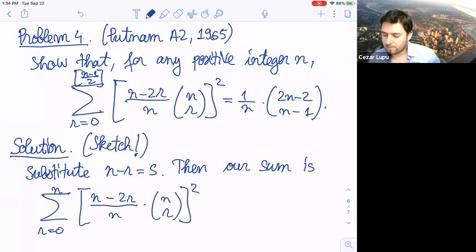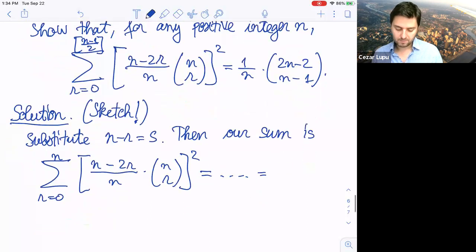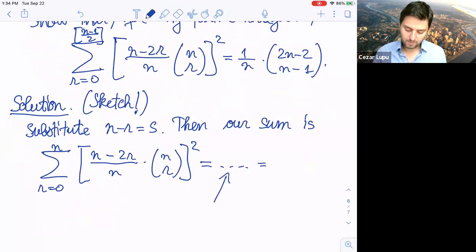And now we can play around with this. We'll do some computations, and after some computations, this will be equal to, so here I'll leave computations to you.